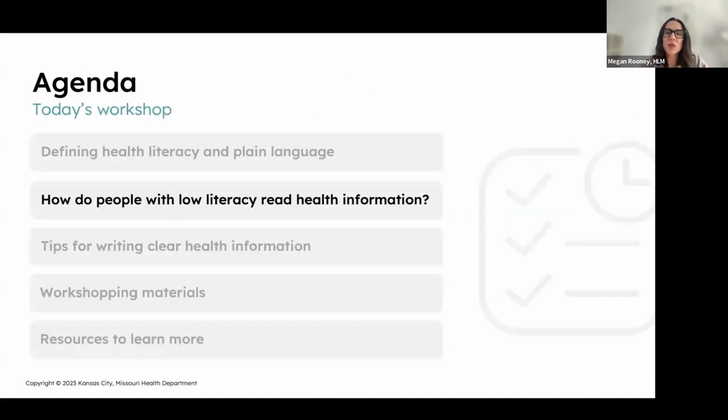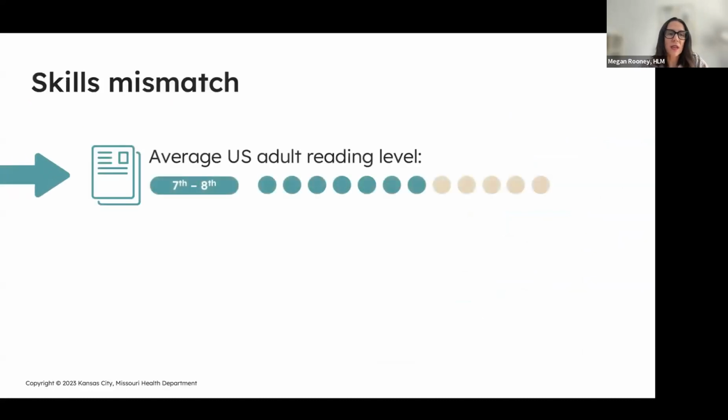So how do people with low literacy read health information? We know that there's a skills mismatch between what the average US adult reading level is, which is 7th to 8th grade. And I will add that research shows that people actually understand a few grade levels below what their actual reading level is.